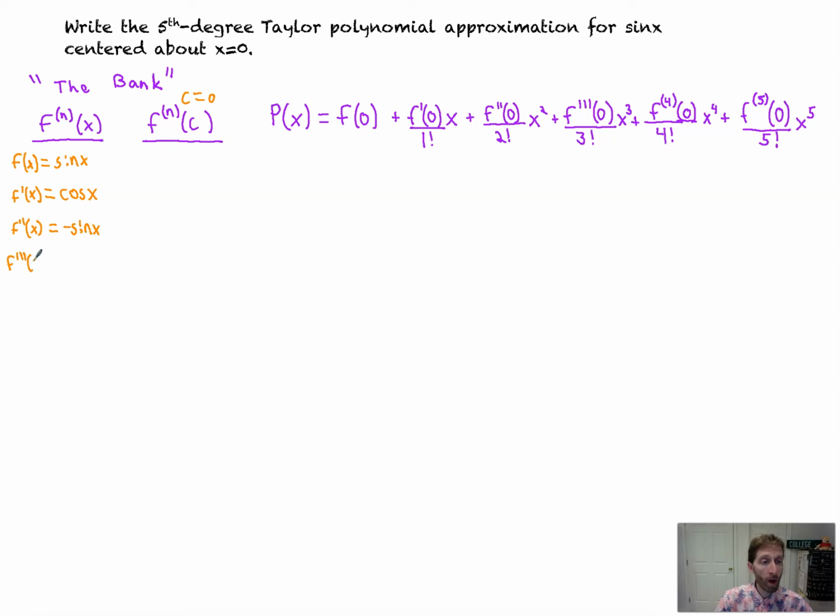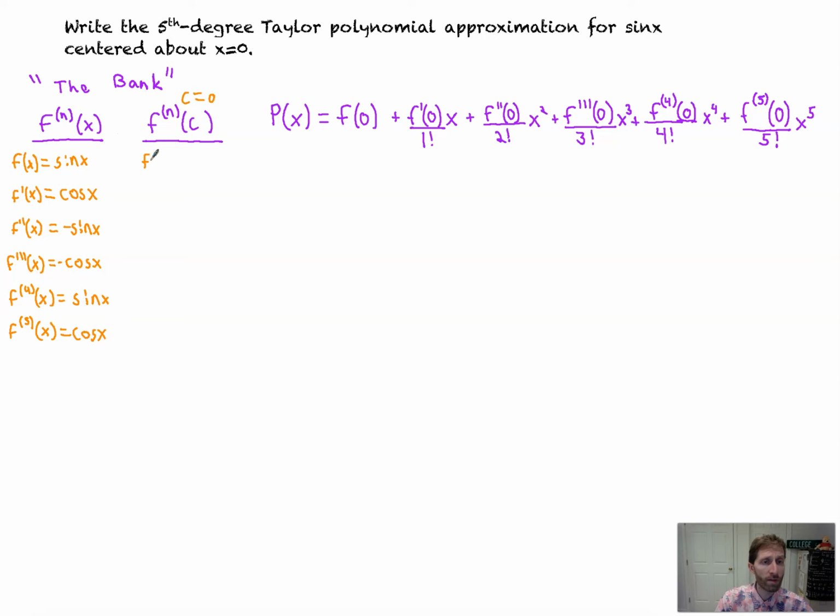F triple prime of x is equal to minus cosine x. We need the fourth derivative, of course. The fourth derivative of x is equal to positive sine of x. And then the fifth derivative is where we'll stop, because that's our fifth degree term, and it is equal to cosine x.